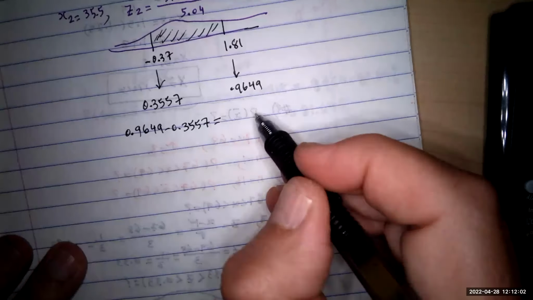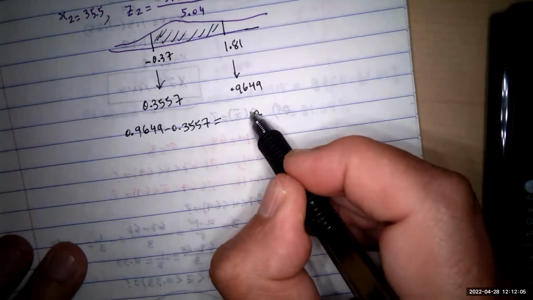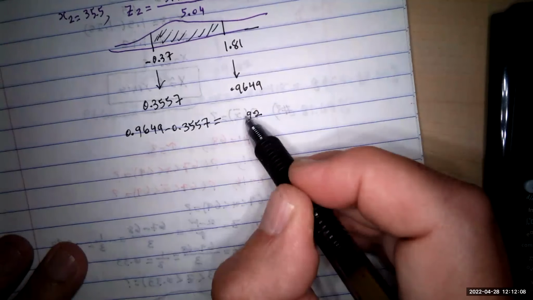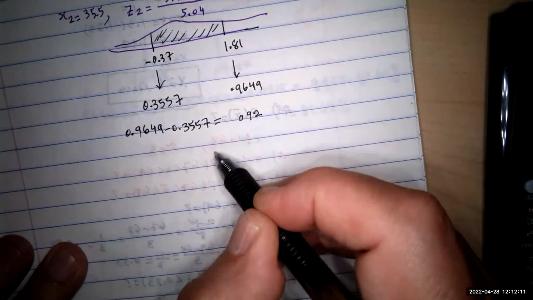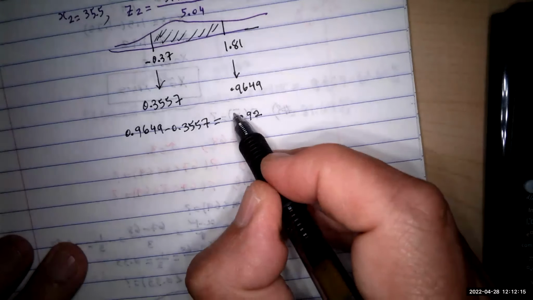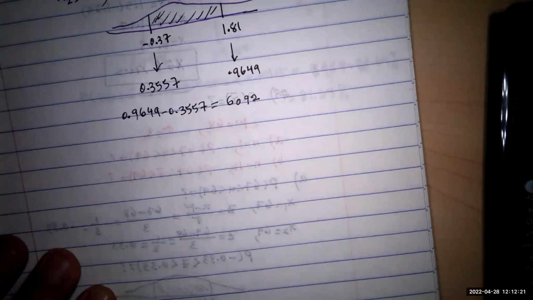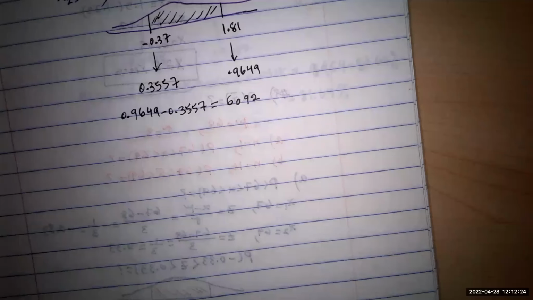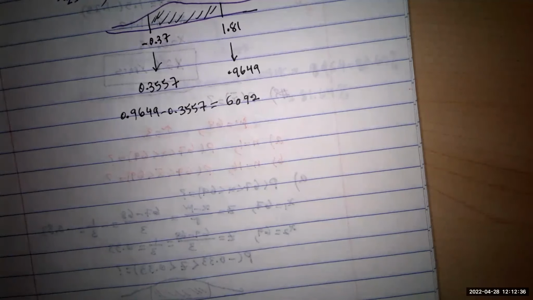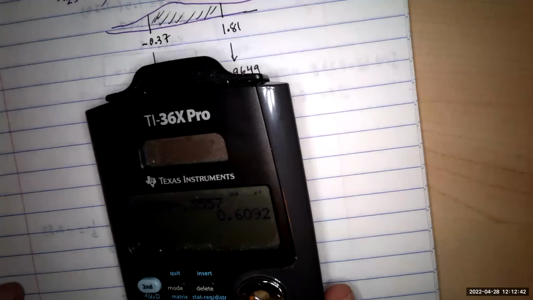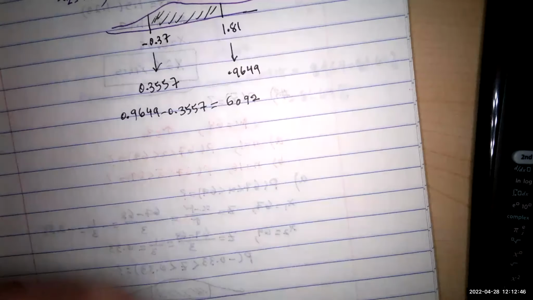Subtracting, that gives you 0.6092. You have to check the other one too.